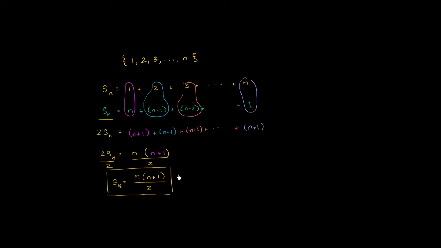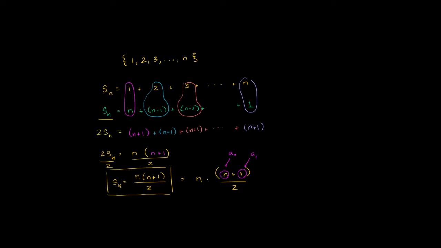And it looks like this is n times n plus 1 over 2. So this right over here, this n, is the nth term in our sequence. And this right over here, this 1, was the first term in our sequence. So at least in this case, it looks like I took the average of the first term and the nth term.